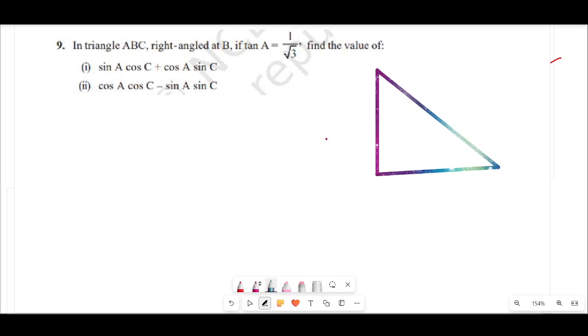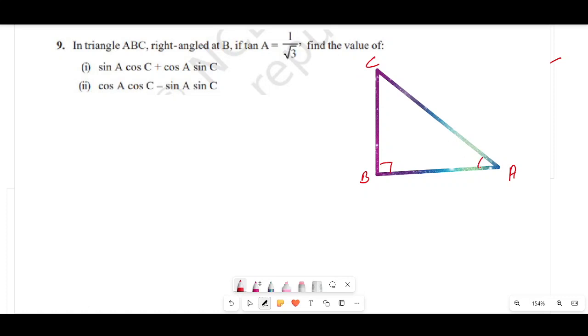Now this is the triangle, right angle at B. So here B is the right angle. Now if tan A is 1 by root 3, here A, here C, A, B, C.